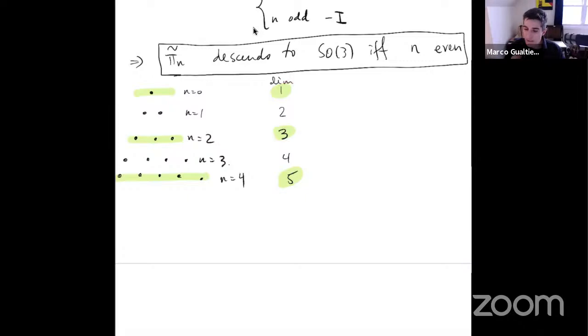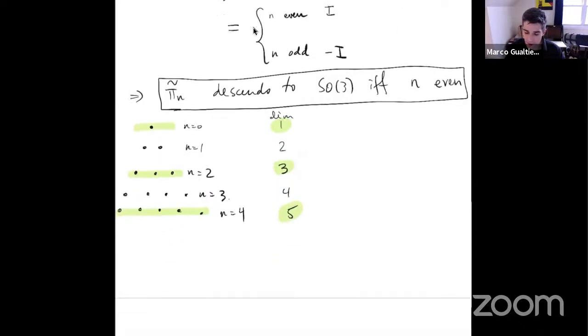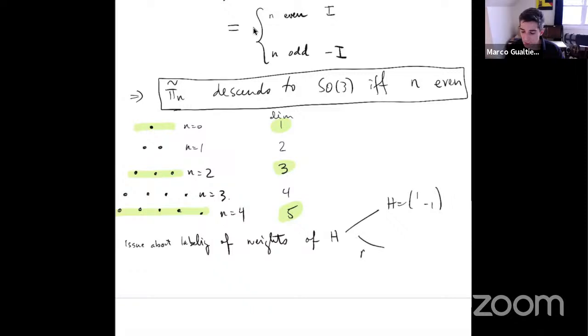Now, about these highest weights, there's an issue about the labeling of the weights of H. What I used was H is 1, minus 1, but in physics, they always use H is 1/2 and minus 1/2.